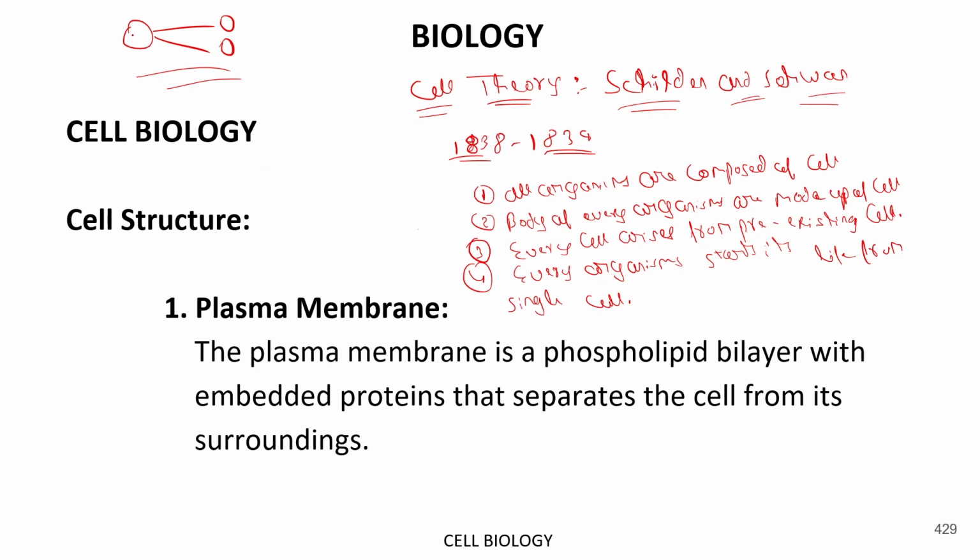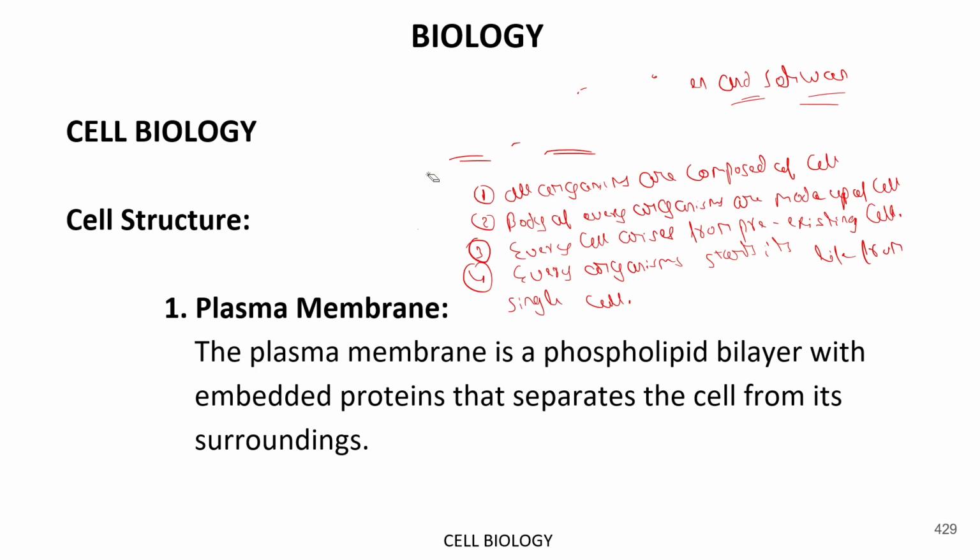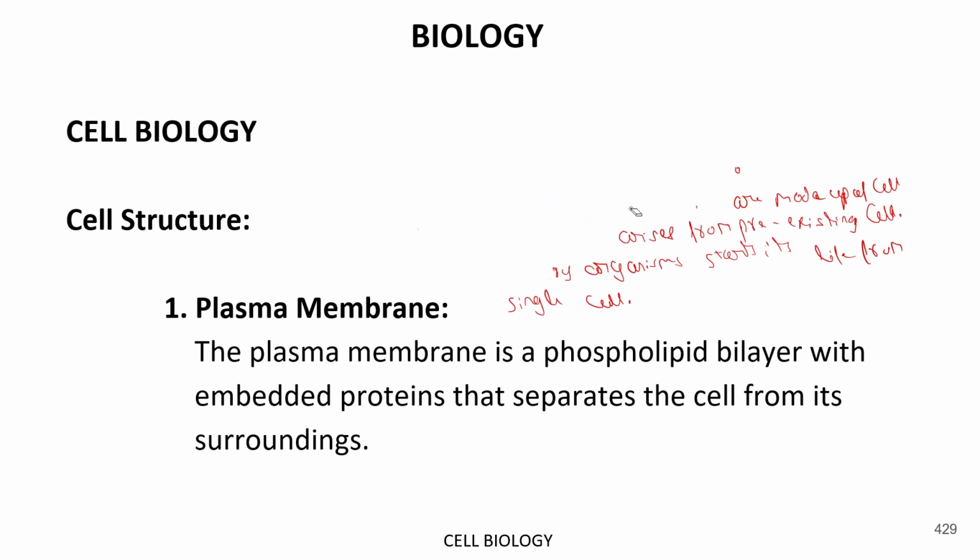Like this one, that was the older cell. It gives birth to the new ones. Got it? And the fourth point says every organism starts its life from a single cell. So everyone starts its life from a single cell, and then these cells start giving birth to new ones, and thereafter many cells form in the body of a living being.